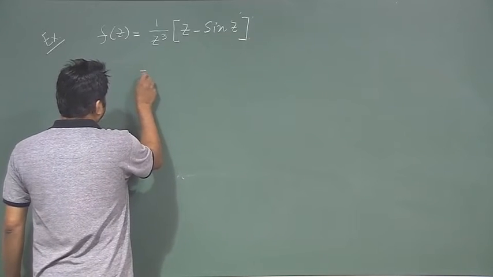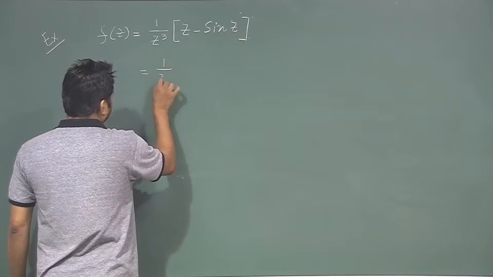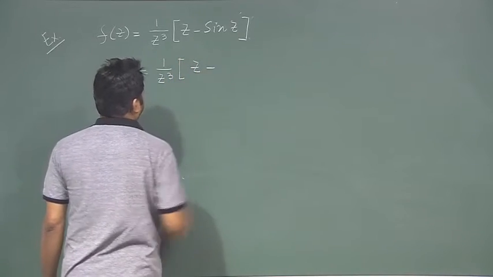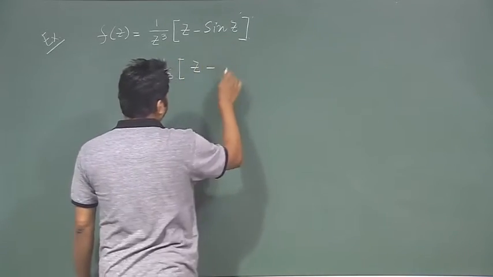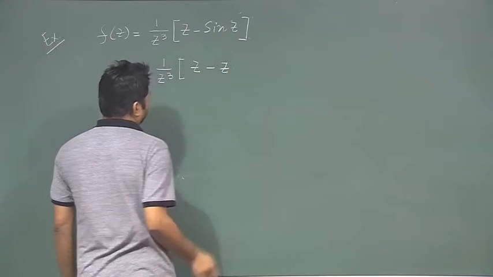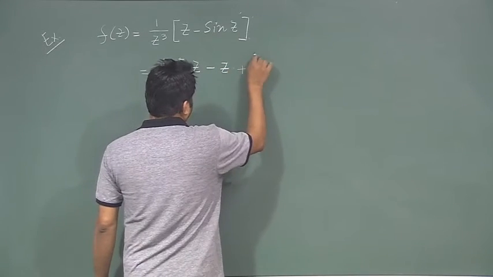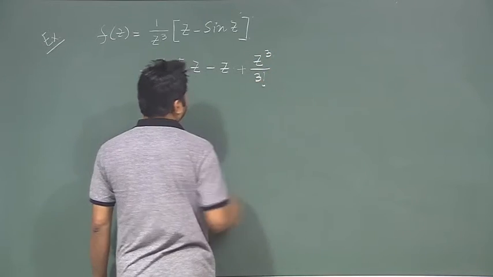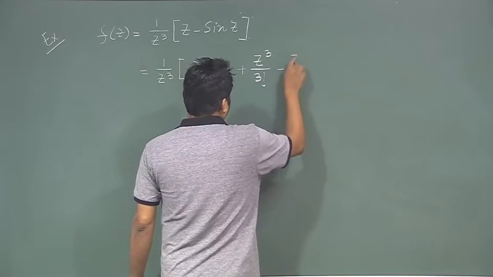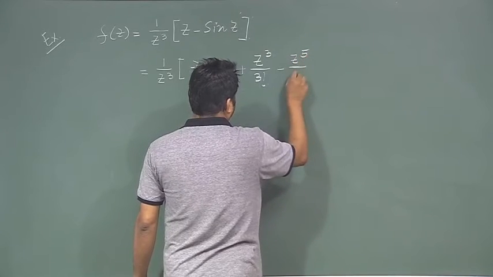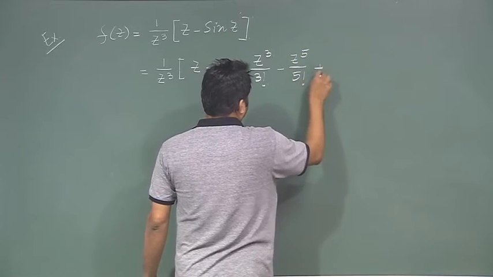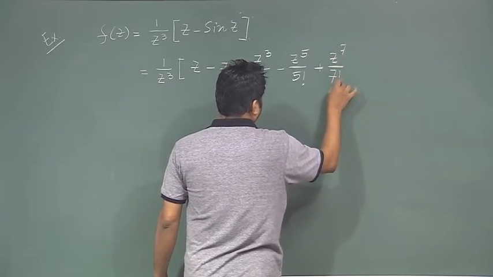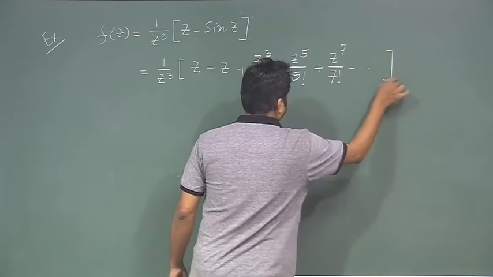If I do that, then readily I can find z, the first term, and then the series of sine, where we have z minus, plus z cube by factorial 3, minus z to the power 5 by factorial 5, plus z to the power 7 by factorial 7, something like this.